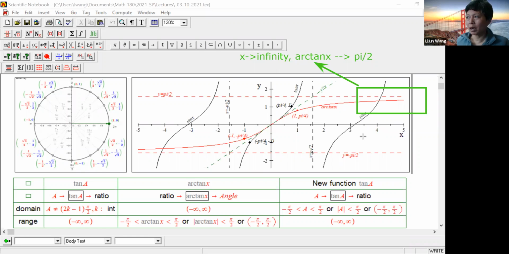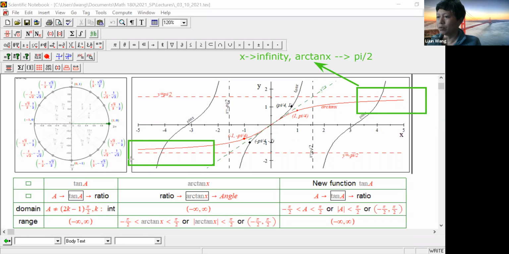As x approaches positive infinity, you literally see this written in your calculus textbook. Now, let's look at the other corner. This corner, and of course, infinitely to the left. What does this depict? Can you write it down?